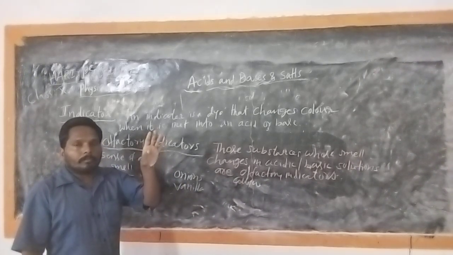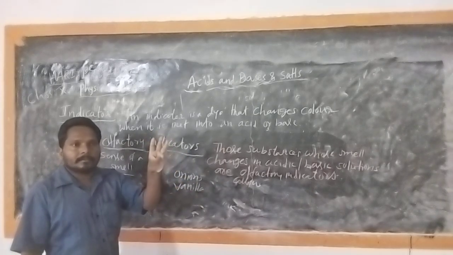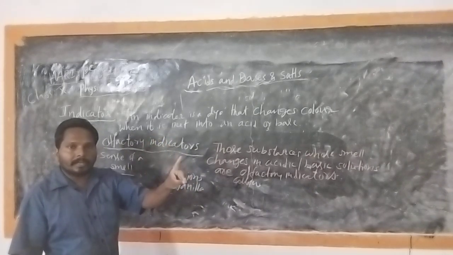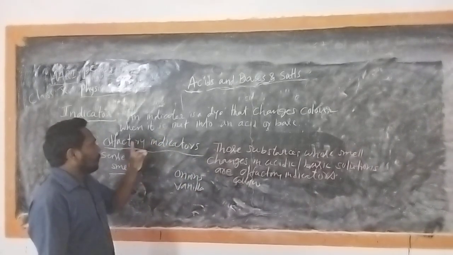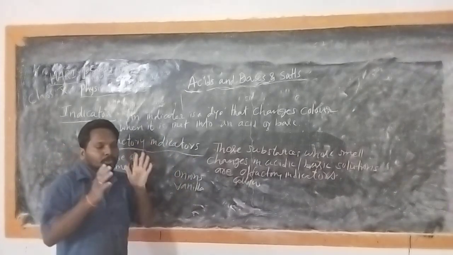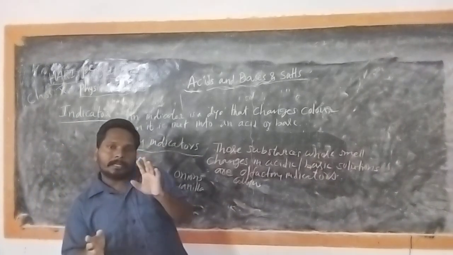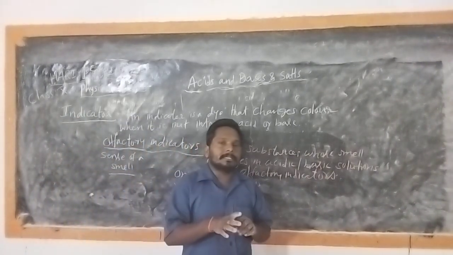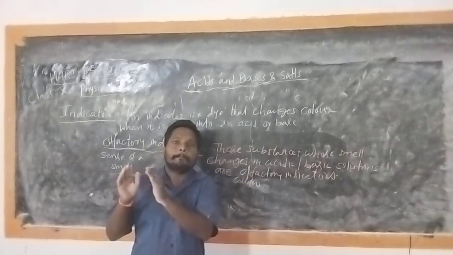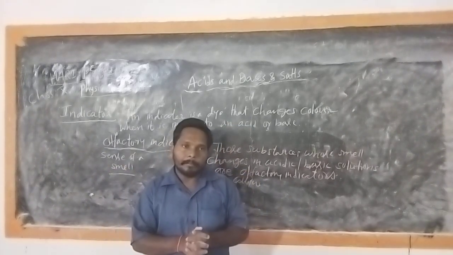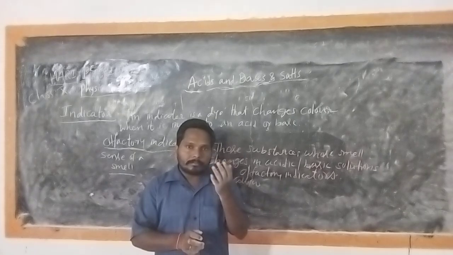So litmus, methyl orange, phenolphthalein and olfactory indicators are used to determine whether a substance is an acid or a base.